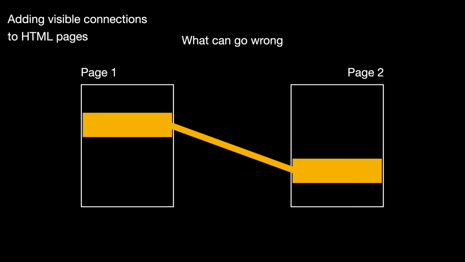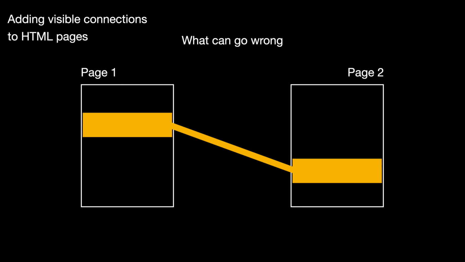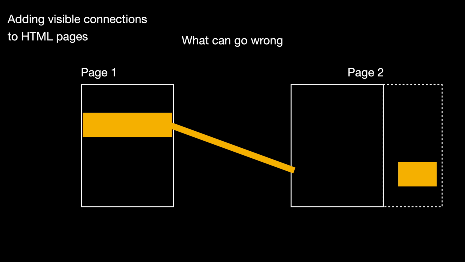Let's see what can go wrong. First example, what if the second page uses an unfortunate background color that makes floating links almost invisible? Second example, what if the second page has a strange layout, maybe horizontal scrolling, or sections of text placed inside containers that scroll independently?